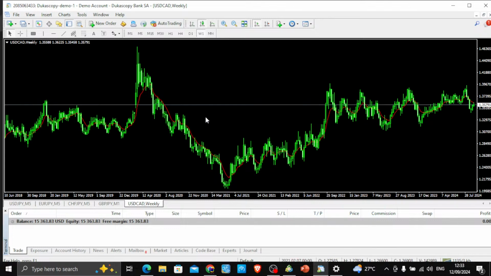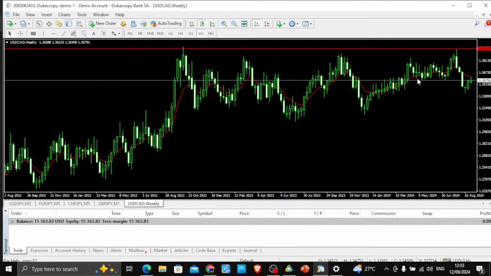Now look at here. We mark the highest swing up here. If you mark this swing, then you find out that on the weekly time frame, the swing high is higher than the previous swing high.